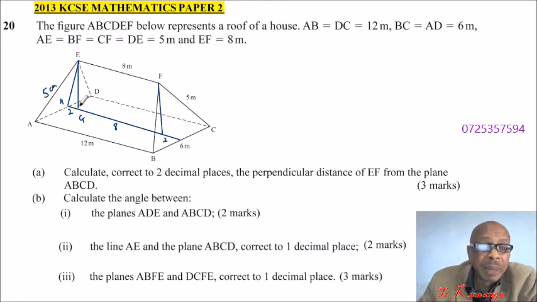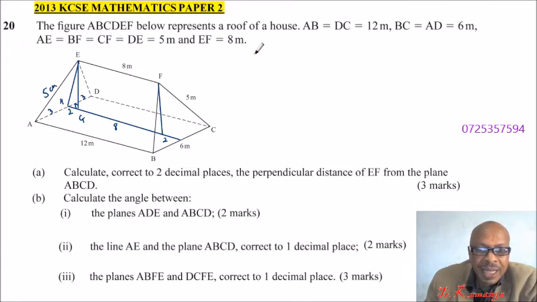Now, to get the perpendicular, this is a right angle here. So we can use this side here because this is 3 and this is 3. So we can use 3 and 5 to get EH, and then from there we can use EH to get the perpendicular height.